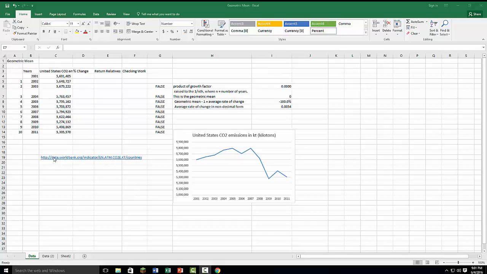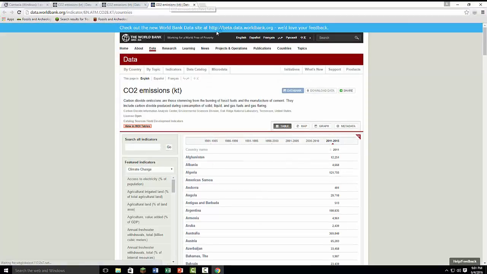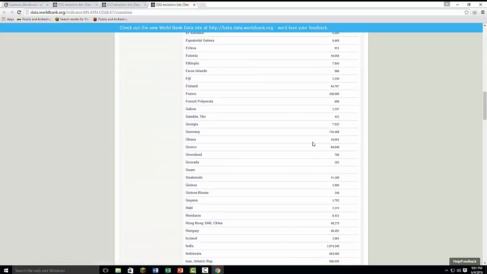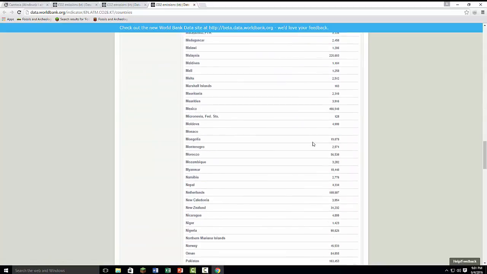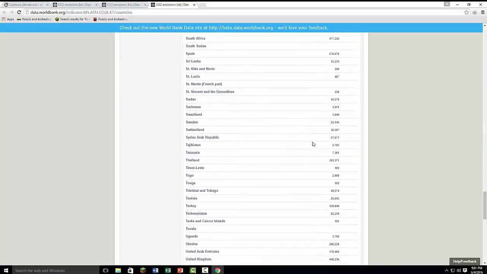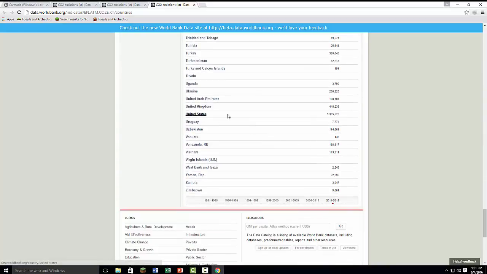So I got this data from the World Bank, and let's just take a look at it here. So you can see we're at the World Bank website. We're looking at CO2 emissions in KT, which is kilotons. So I'm going to go down to the United States and record the values.